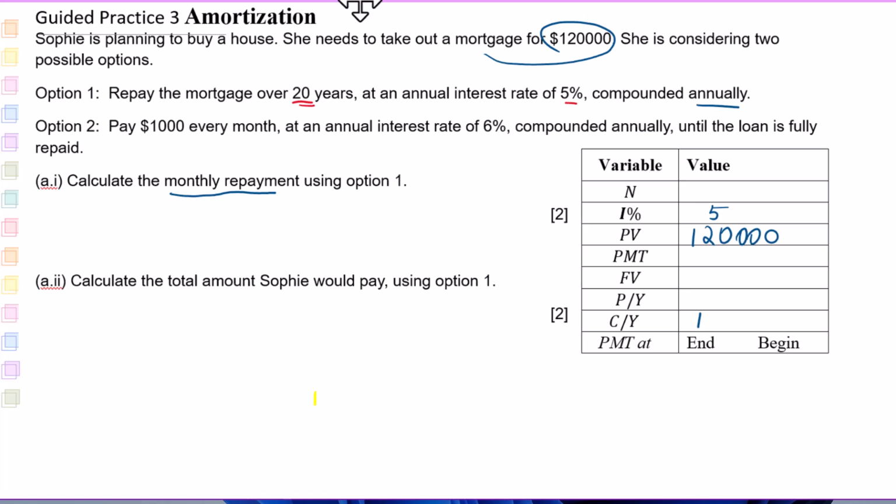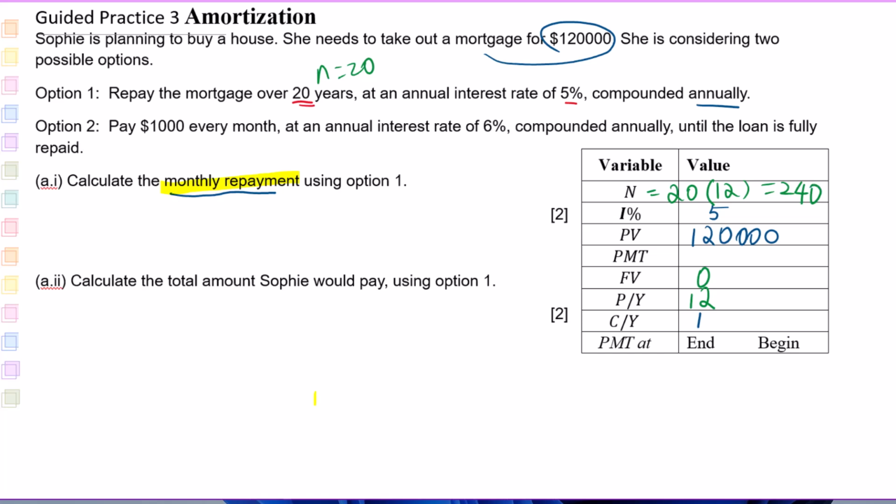When she pays back money to the bank, it's a monthly repayment, which means PY equals 12. Future value will be 0. Capital N means the total number of payments in N years. N equals 20. Equals 20 times payment per year, 12, equals 240.